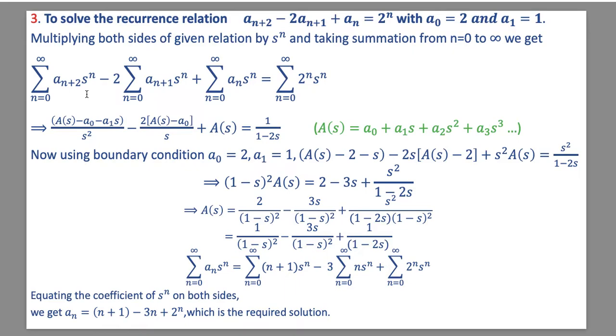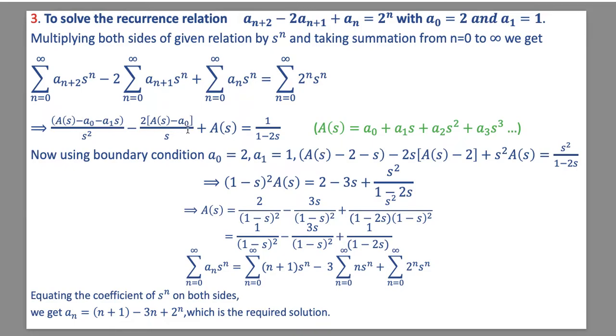So here in the first term we have a2, but with a2 there should be s square. Then we have a3 s, but here it is s cube. So earlier we were taking common, but now we will multiply each term by s square and divide each term by s square to get the values.